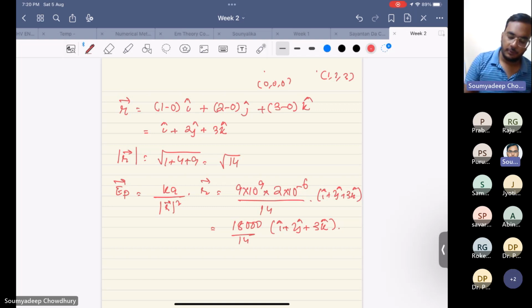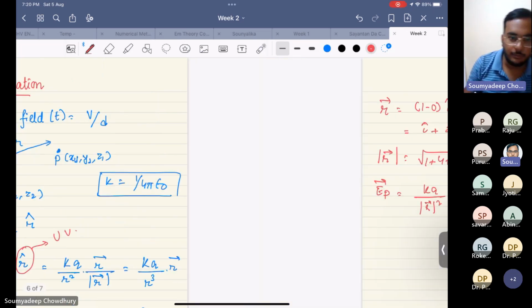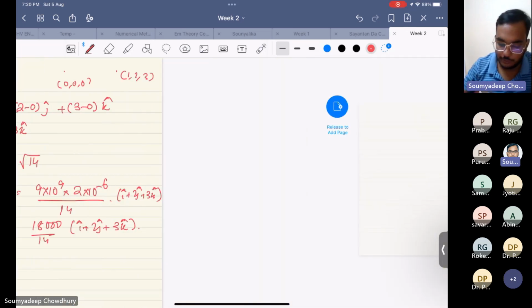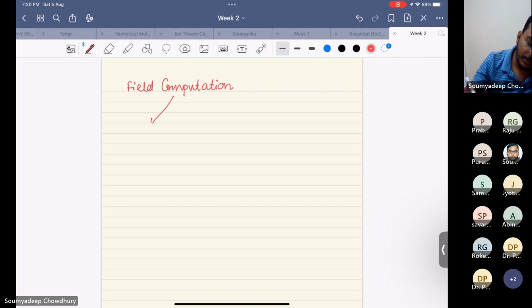Okay, fine. So this we can calculate. Why field computation is necessary, I have told you. Now we will talk about the different ways of field computation. There are basically two methods by which we can compute electric field. Two broad ways.